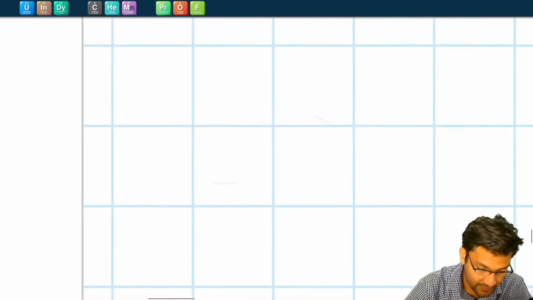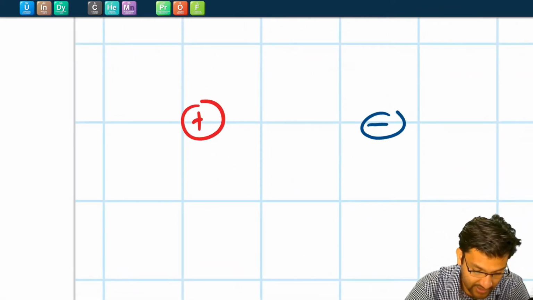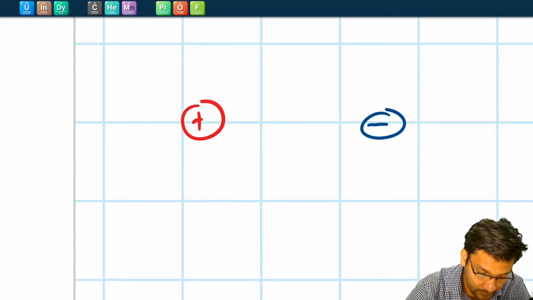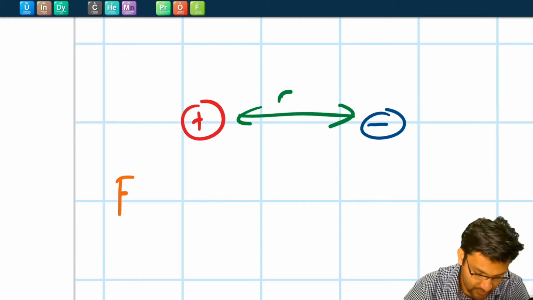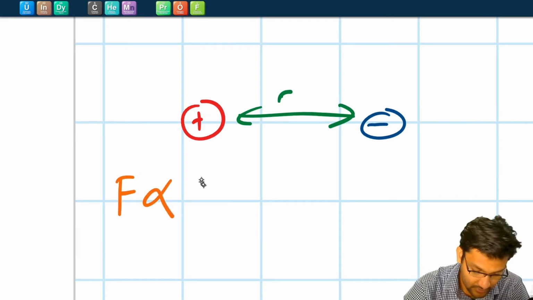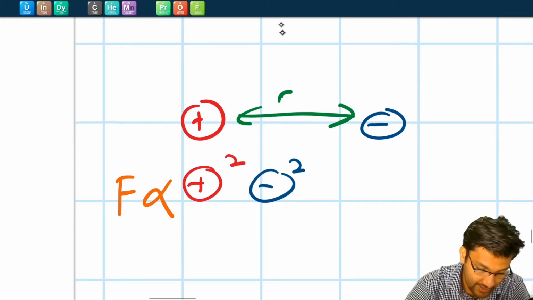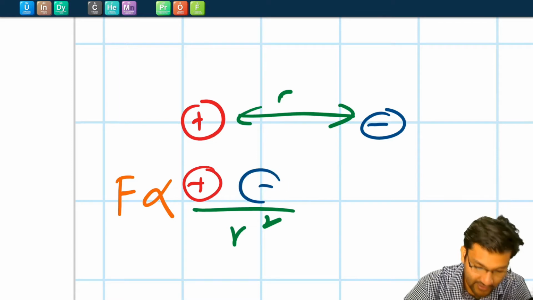Let's say you have a positive charge and a negative charge, some distance r between them. The force would be proportional to the charge on the positive one multiplied by the charge on the negative one, divided by r squared. So this is the force between them.